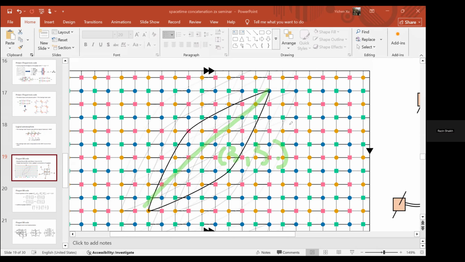Question? So the BB code is like 2-planar, right? We can put them on 2 planes and have connections. Is it obvious that the Floquetified version is also 2-planar? Good question. I need to think about that, because we know that the Tanner graph for the BB code can be decomposed into 2 subgraphs, each of which is planar.